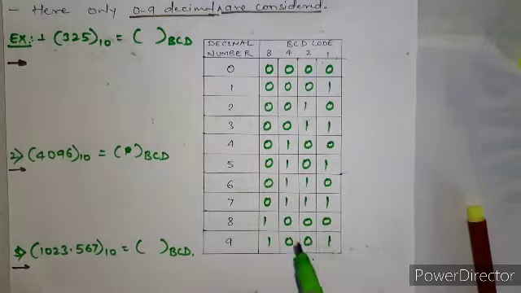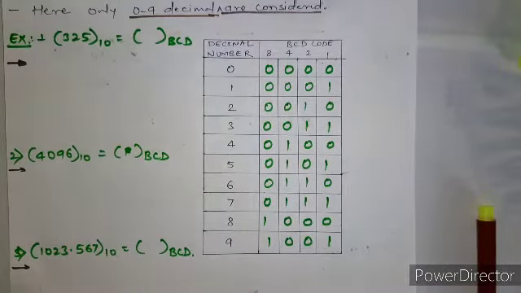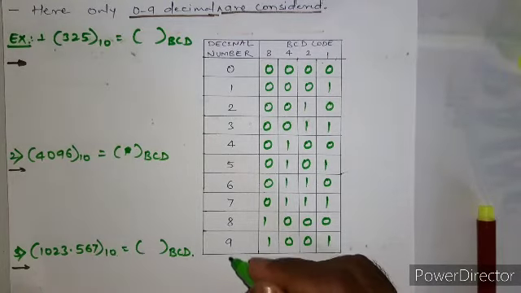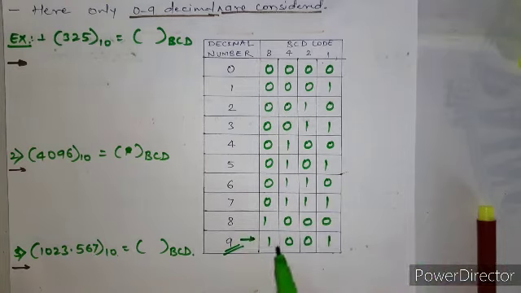So this is what is used for BCD, binary coded decimal. For BCD the last number is 9, whose code is 1001.